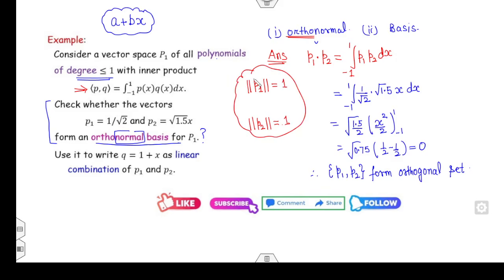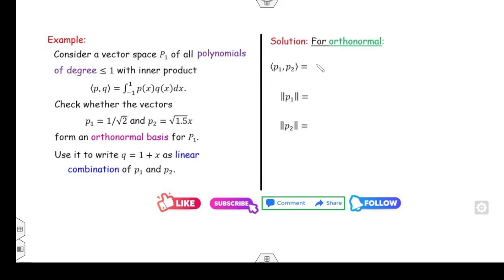So the first case, this value I have obtained as 0. Now how can you prove the norm? This is the integral from -1 to 1 of P1 into P1. So that will be the integral from -1 to 1 of 1 by root 2 times 1 by root 2 dx. 1 over 2 is outside. Integration of dx from -1 to 1 is 1 plus 1, 2. 2 over 2 is 1.